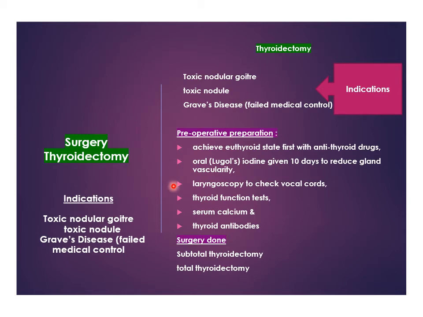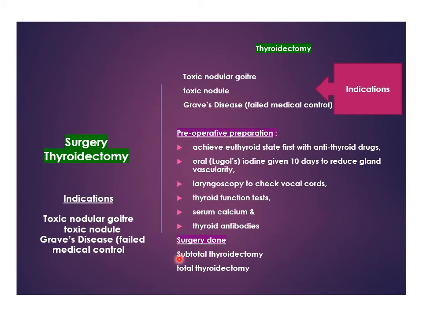These patients have to be referred preoperatively to ENT for laryngoscopy to check the vocal cords. Thyroid function tests, serum calcium and thyroid autoantibodies must be done. These must all be done preoperatively to make the patient ideal for surgery.